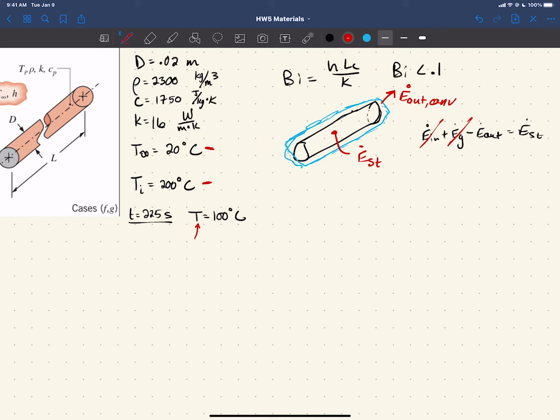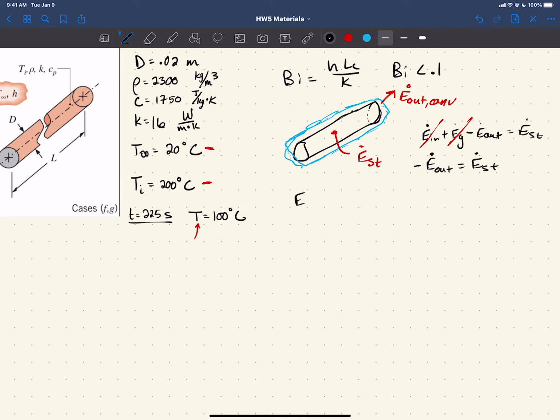That's a telltale sign that you can just act like it's not there. With the knowledge we have right now, I don't even think we could handle a situation with internal generation. So definitely not there. All we have now is minus E dot out equals E dot ST.